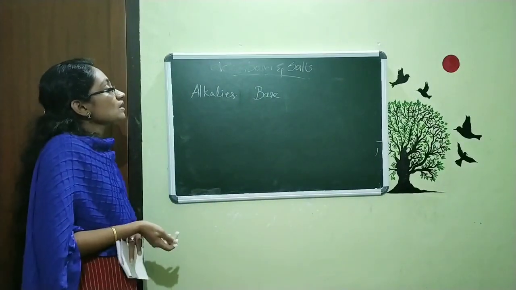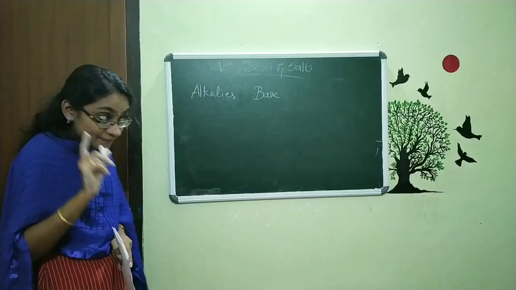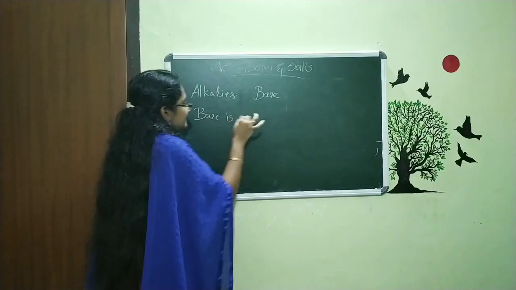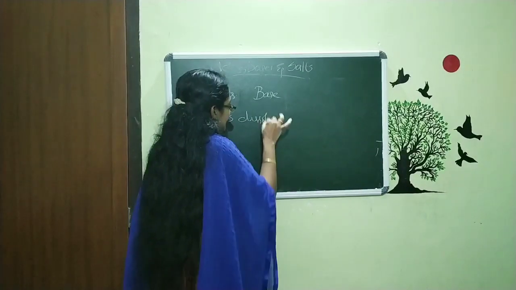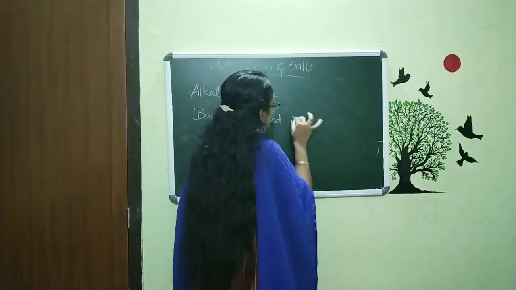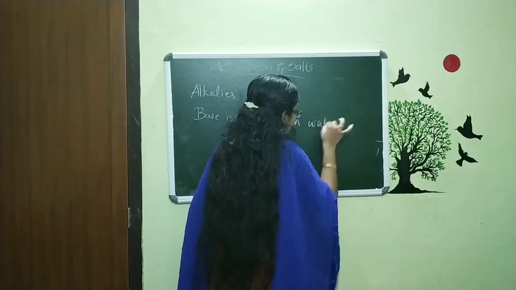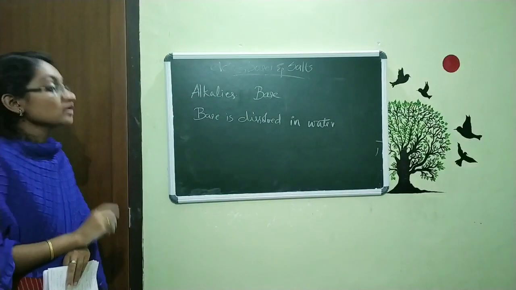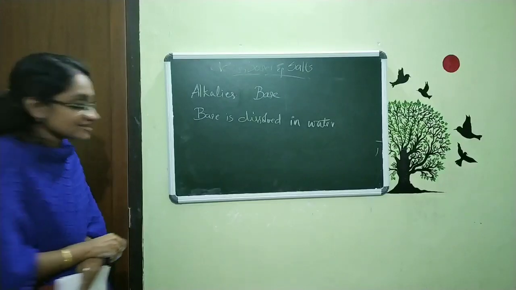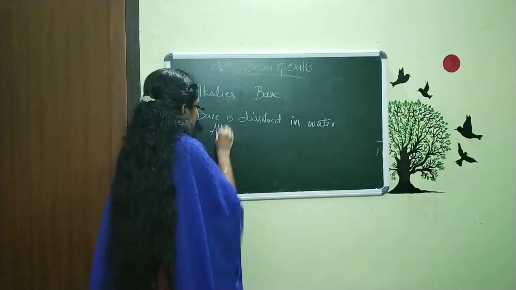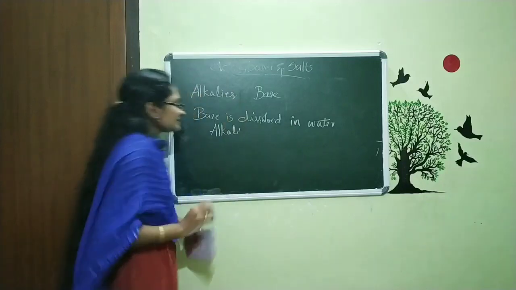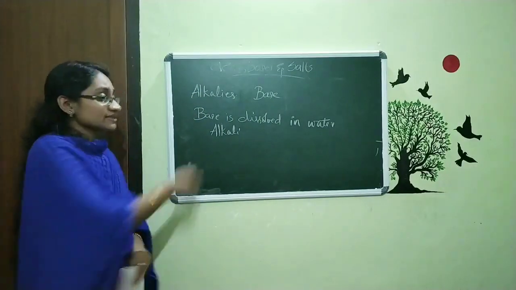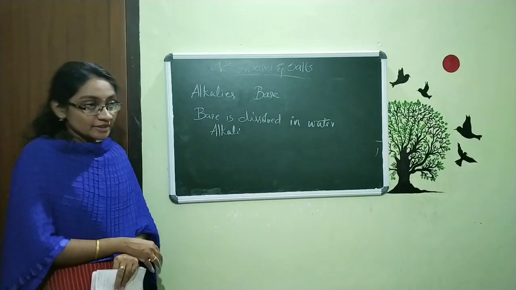For example, when the base is dissolved in water, we can say it is alkali. There are some other bases which are insoluble in water. Dissolved means it is soluble in water.